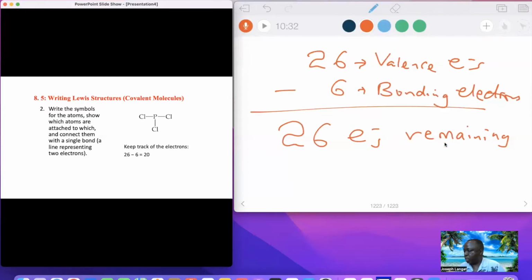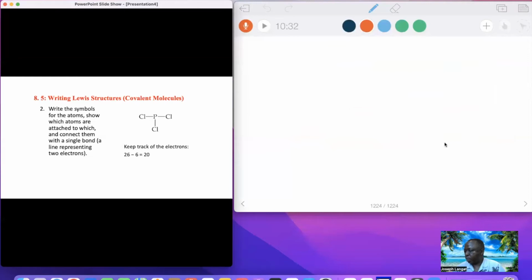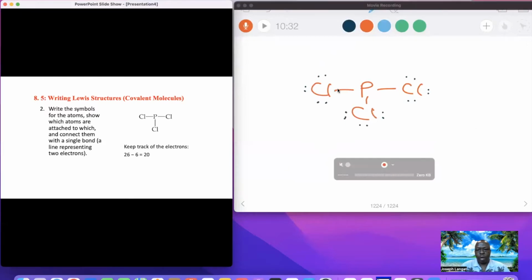So if I hook up this chlorine, chlorine, chlorine, we have two dots. We have given each chlorine 6 more to make it 8, satisfying the octet rule.